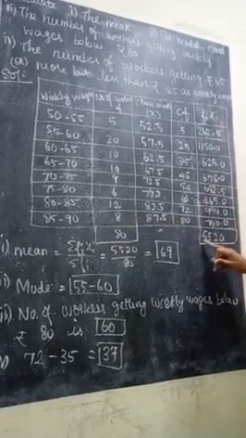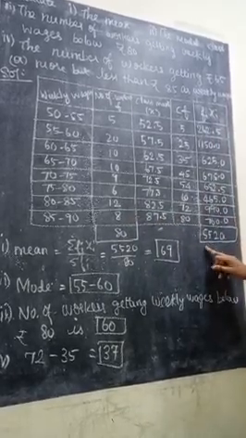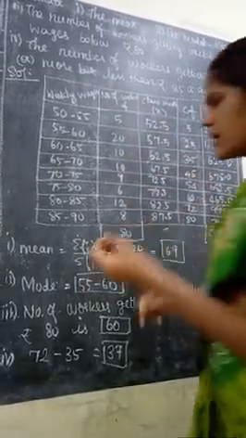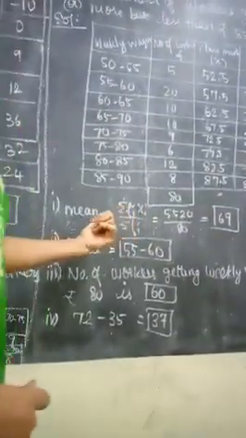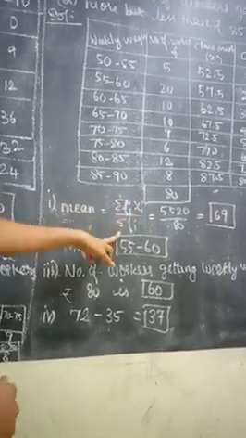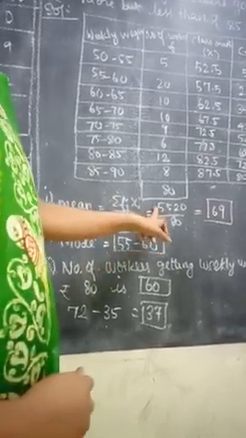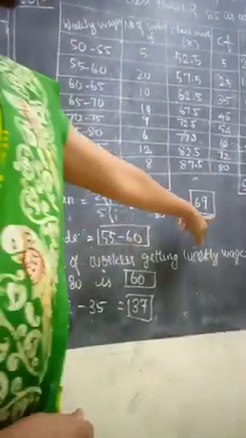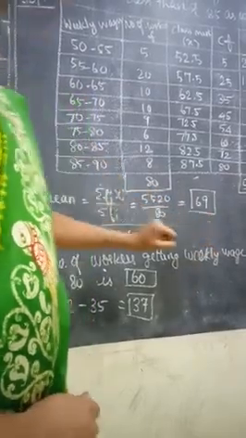Next add all those things, you will be getting 5520. What is the total frequency? 80. Now we apply the mean formula: sigma fi xi divided by sigma fi. 5520 divided by 80. Simplify this, you will be getting 69.